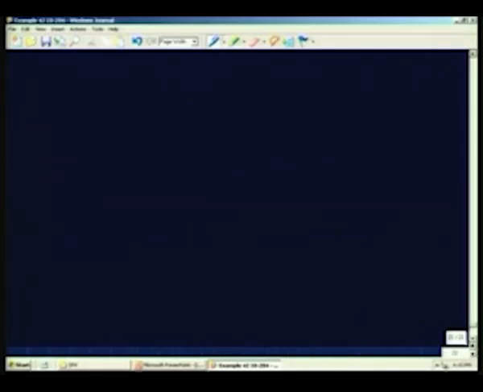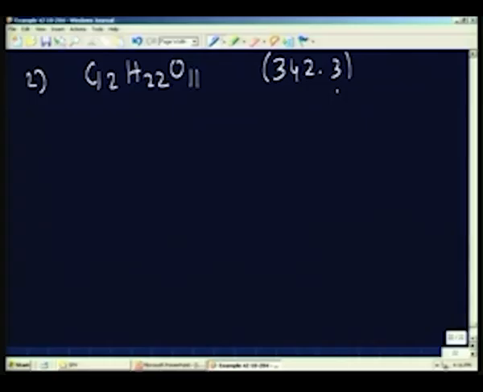So, in experiment number 2, I am going to have sugar whose formula is C12H22O11, and I already gave the molecular weight as 342.3. This is the molecular mass, and the data gives the temperature change, which is 3.984 degrees Celsius.